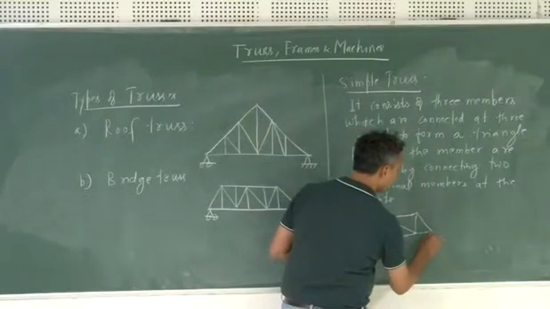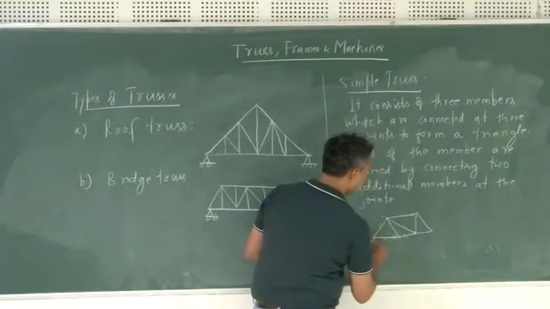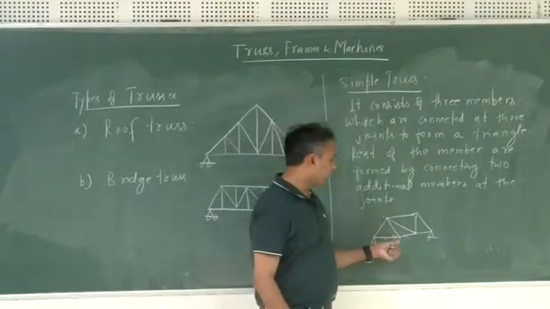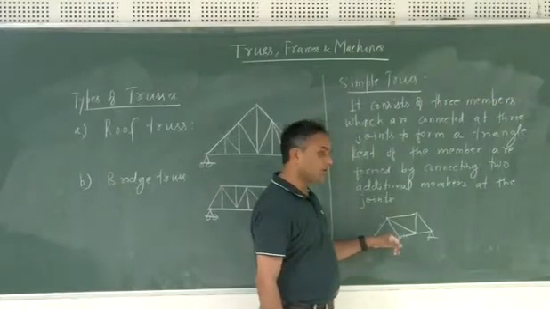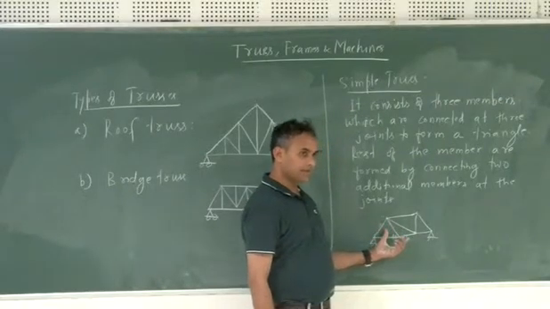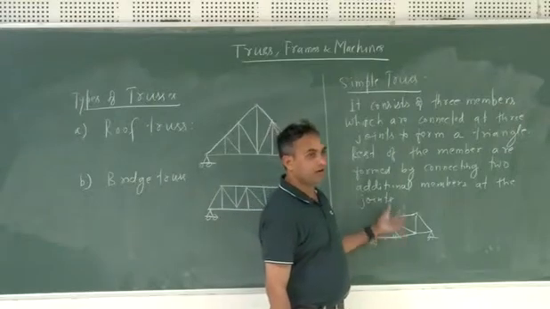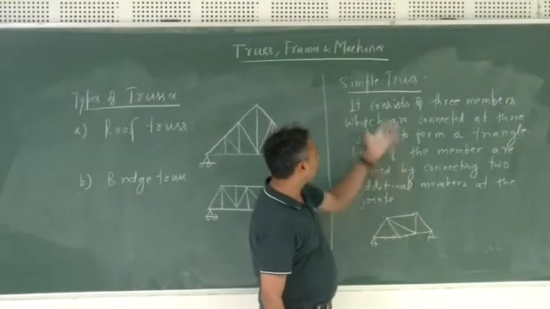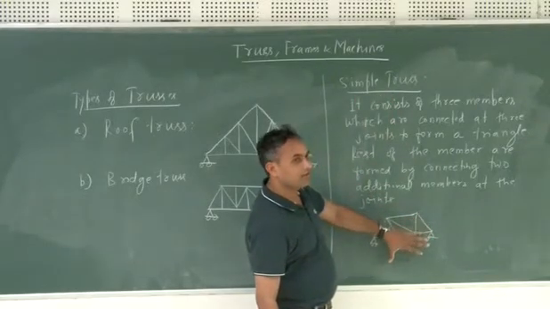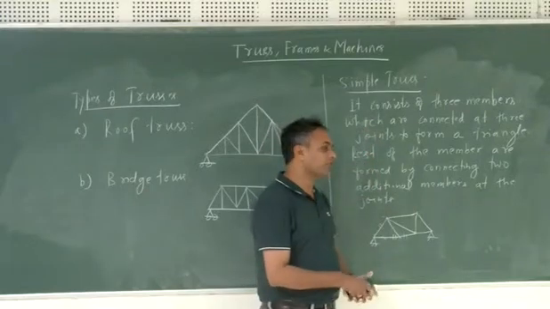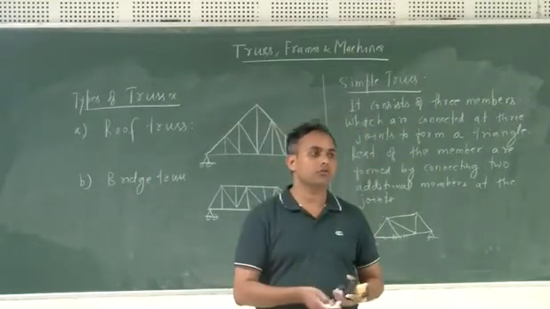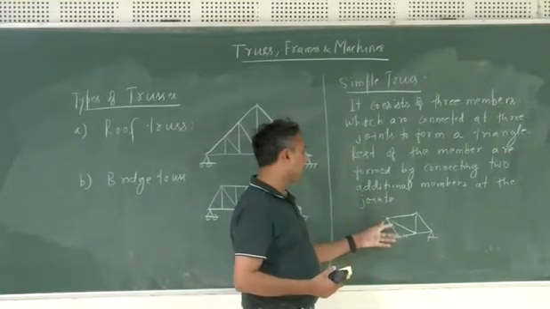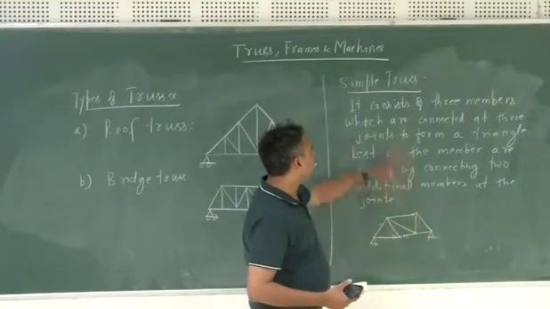Then you will have something like this, and then you can fix these two. So basically, at each joint you are connecting two members and it will form another triangle. This sequential form is what is called a simple truss, which is formed by the repetitive use of triangular sections. It has to start from one triangle and then it will end up giving you the form of the simple truss.